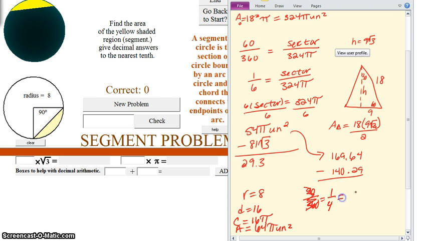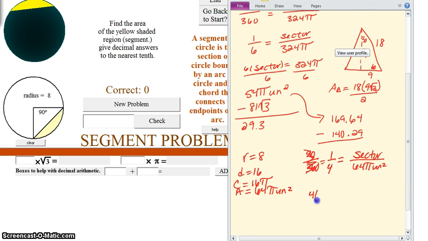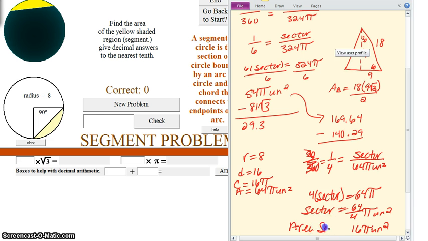So 1/4 equals the area of the sector as compared to 64 pi units squared. So 4 times the area of the sector equals 64 pi units squared. The sector, therefore, equals 64/4 pi units squared. 16 pi units squared is the area of the sector.